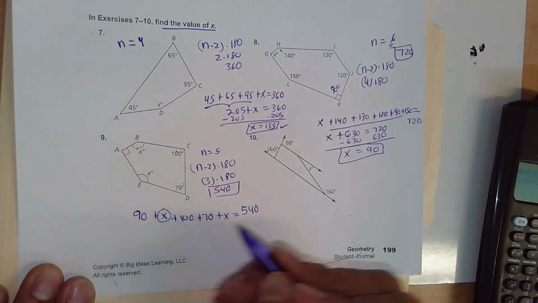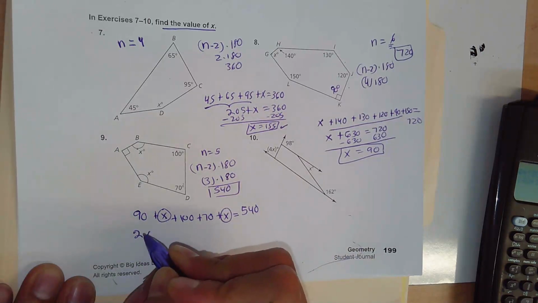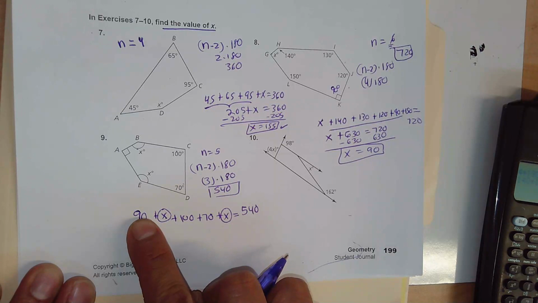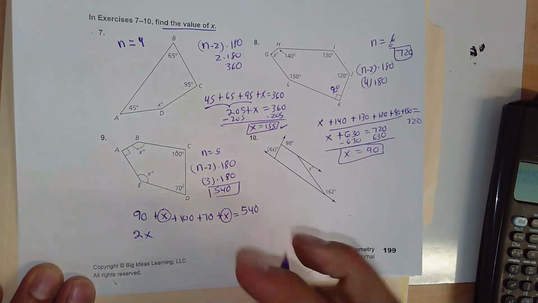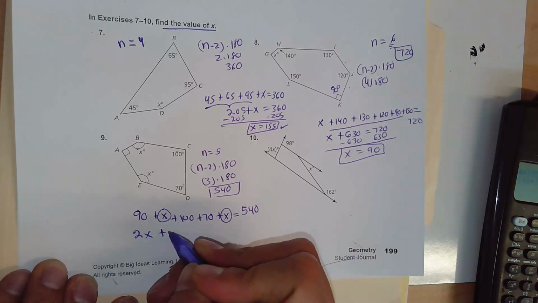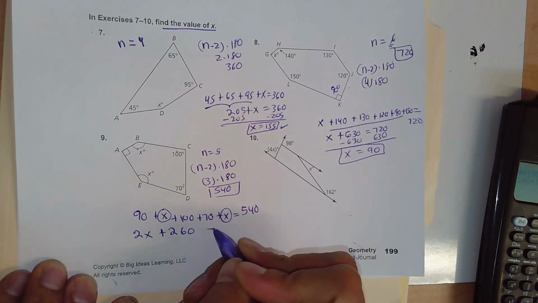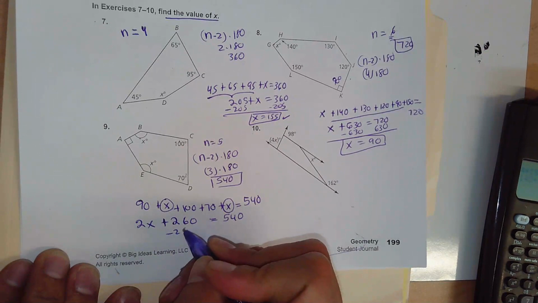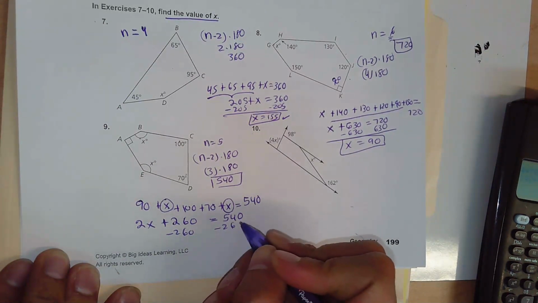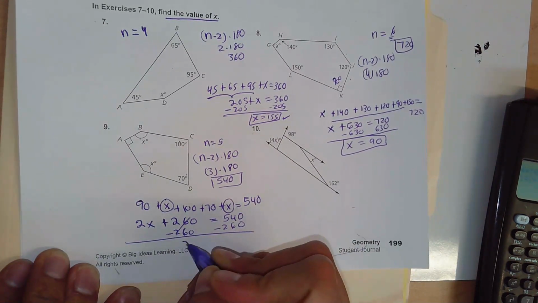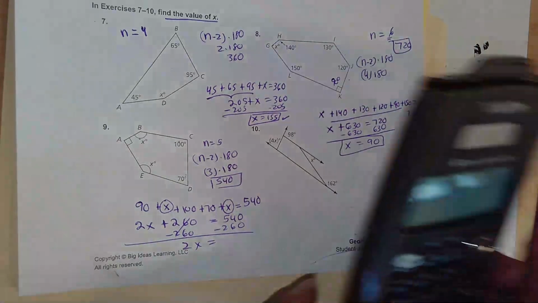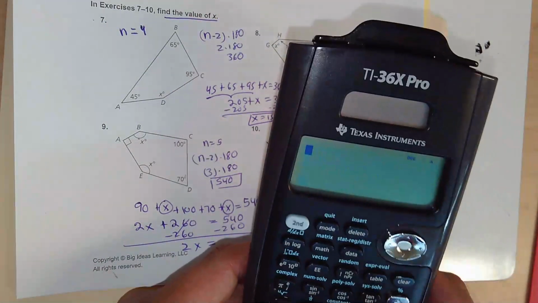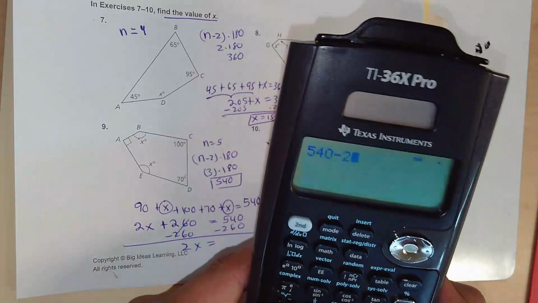We combine like terms here, and we have 2x. We combine 100 plus 90, that's 190, plus 70 is 260, equals 540. We subtract 260 on both sides, and we get 2x equals 540 minus 260.